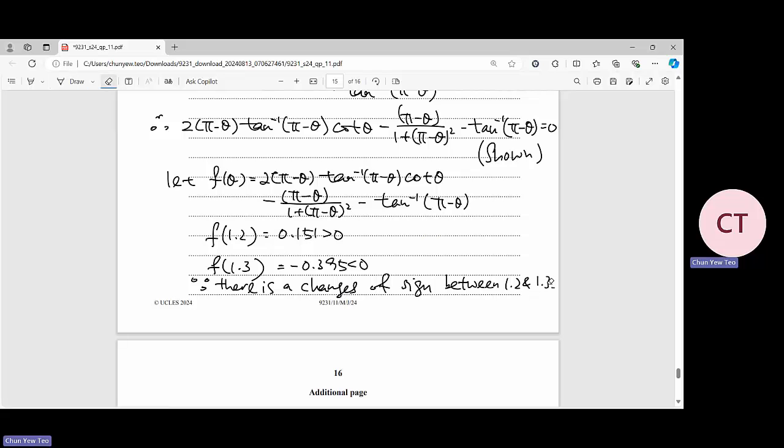Because of this, therefore, the equation has a root between 1.2 and 1.3. Just like that, finally.